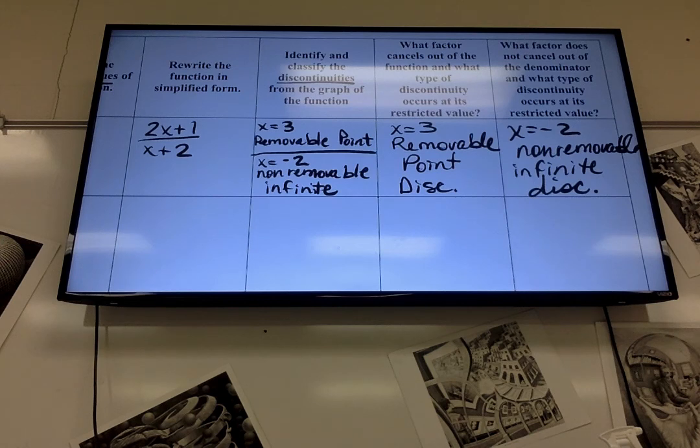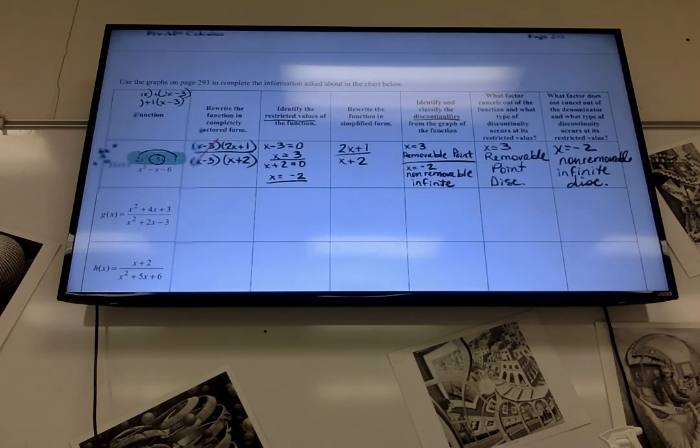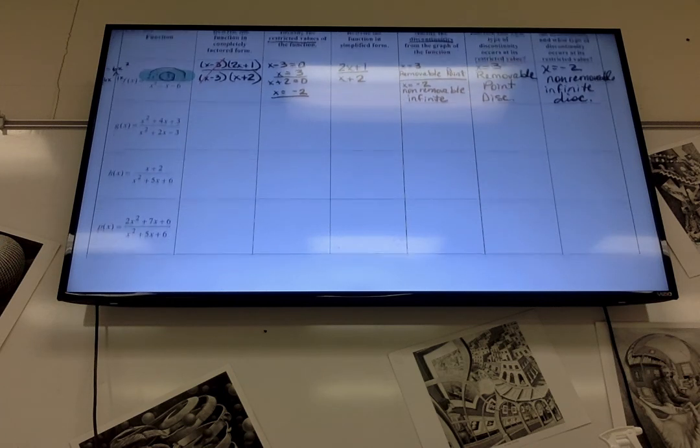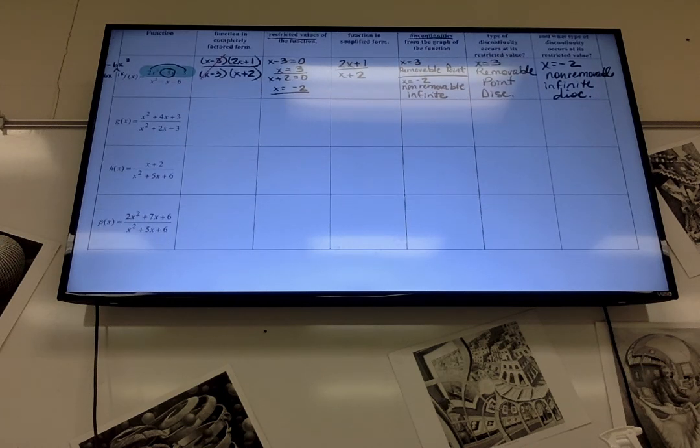Okay, I want you to try to do g of x. Just kind of on your own. You can, of course, reference the picture. I picked one without a number in it, so you didn't have to do the long no-fuss method.